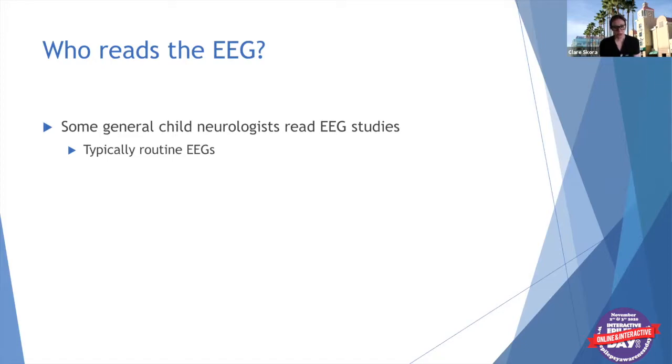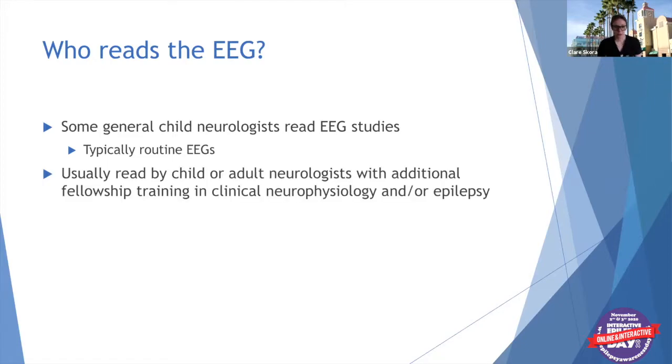But the studies that are a little bit more advanced or more involved are usually read by child or adult neurologists with additional training: fellowship training in clinical neurophysiology and/or epilepsy. I am an epileptologist. I did residency in child neurology and then an additional year of epilepsy training and clinical neurophysiology.